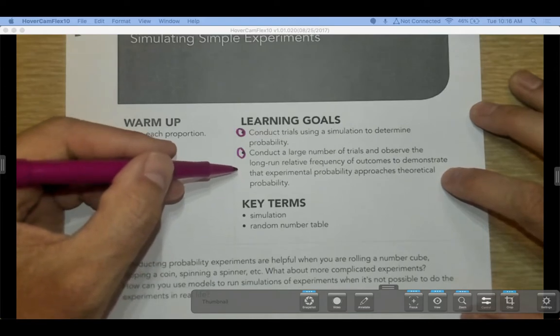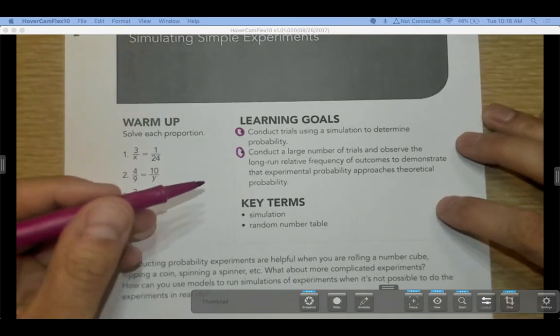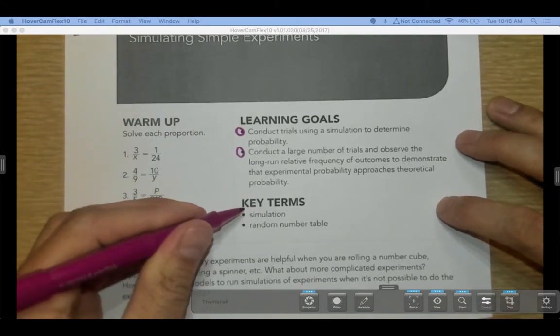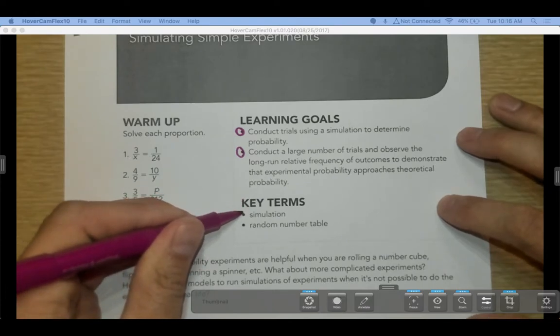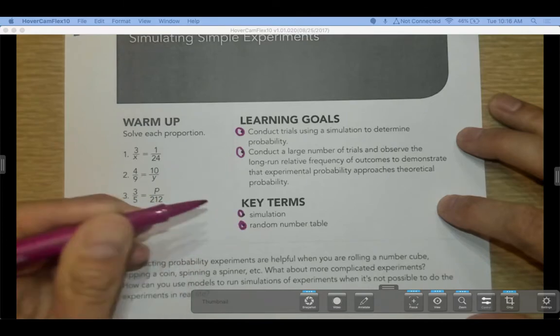The larger the sample size, the better it is. Just like in science, the more trials you have, the more reliable it is. Key terms: simulation and random number table.